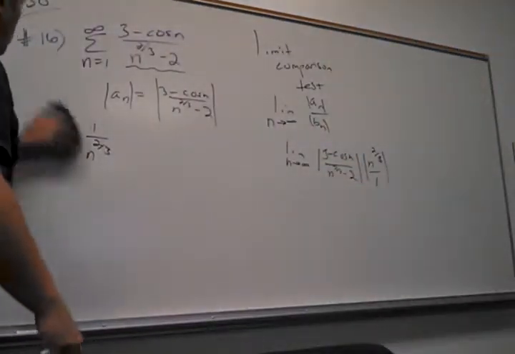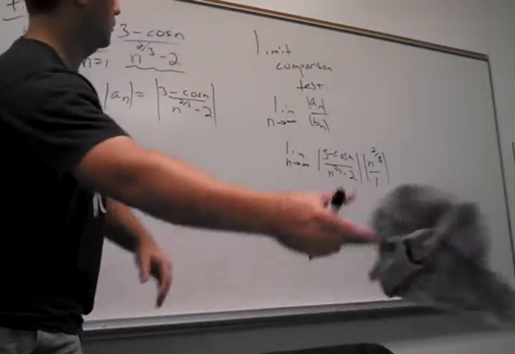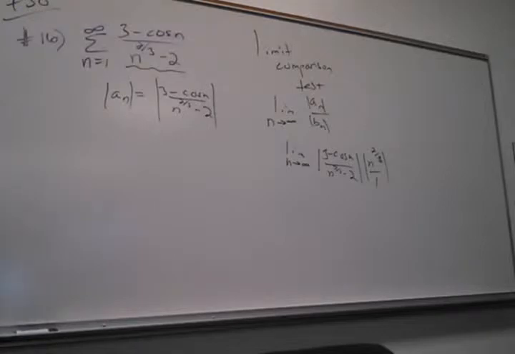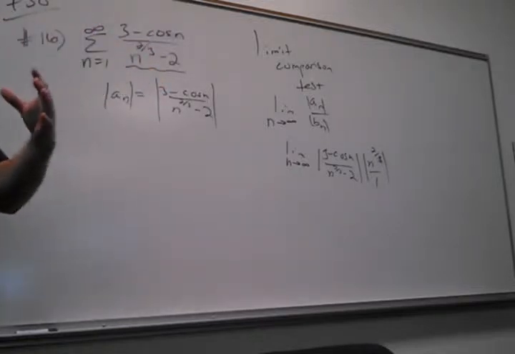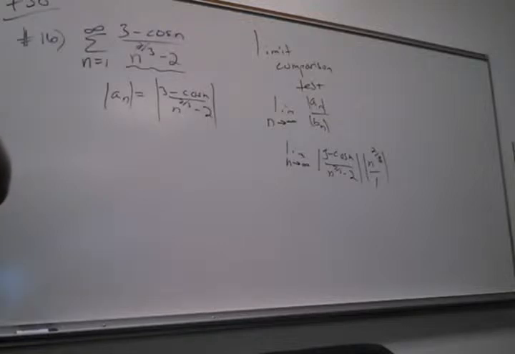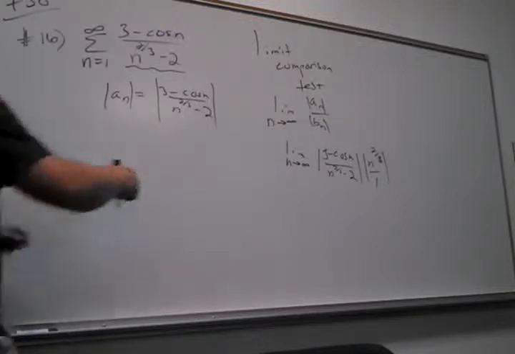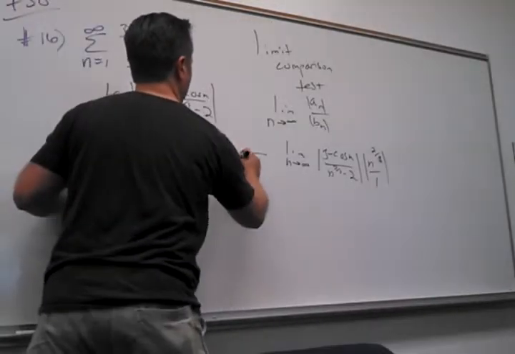Okay. And then what can you do with that? Why does this look a little different than what we were doing before? What's still kind of like in our way? Cosine. I like it.